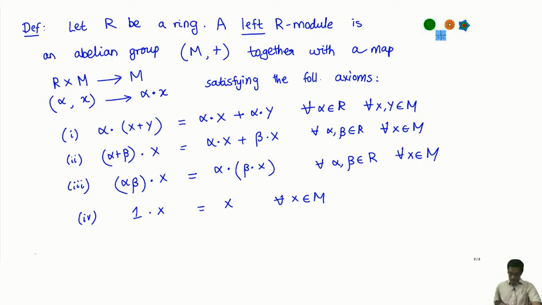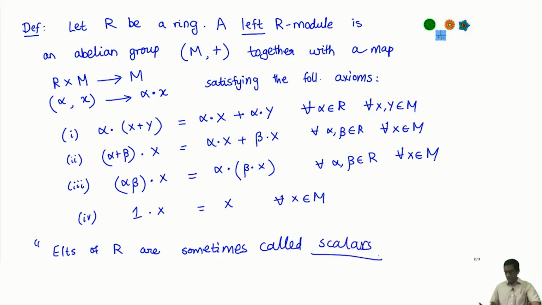Now this set R, the elements of R, are sometimes called scalars, and this map from R cross M to M is sometimes called scalar multiplication.